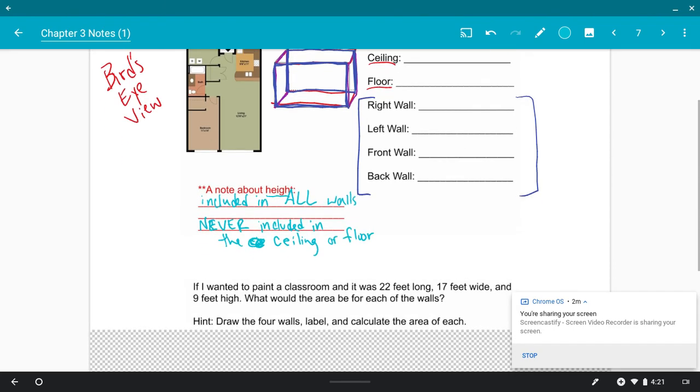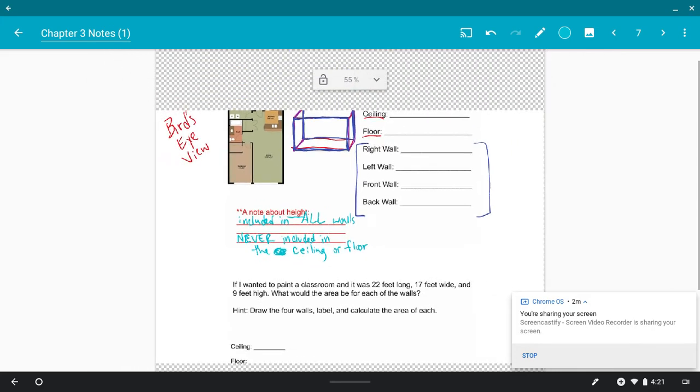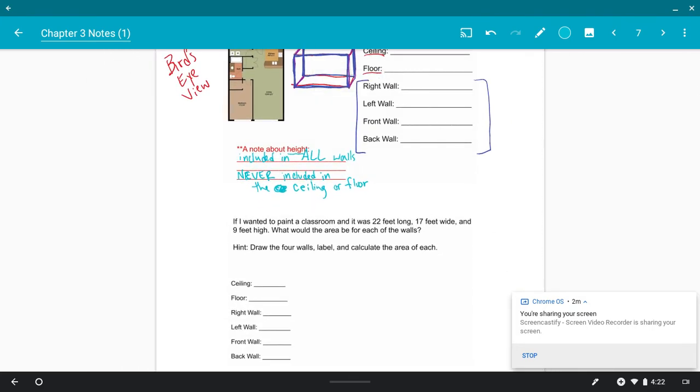Okay. So when we look at finding the area of rooms, we need to see what we're supposed to find the area of so we know what to include.